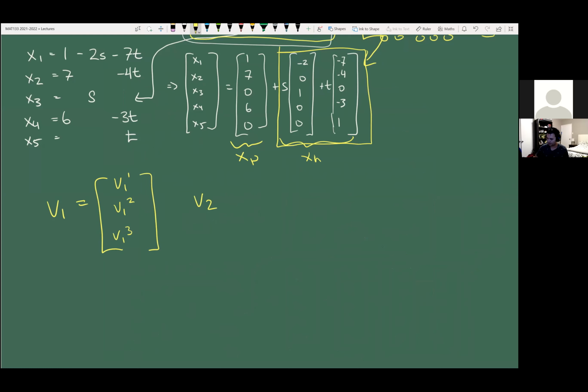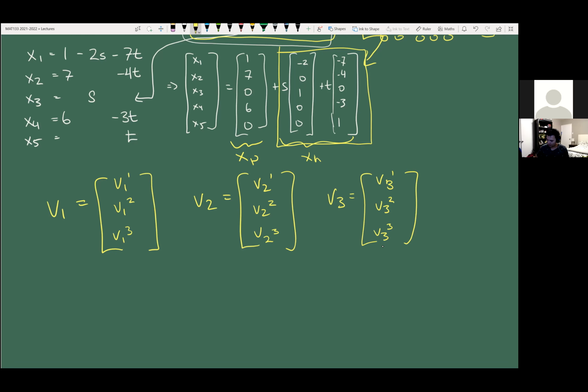The second vector is V21, V22, V23. The third vector is V31, V32, V33, right?